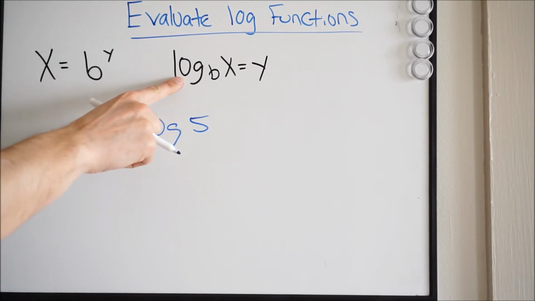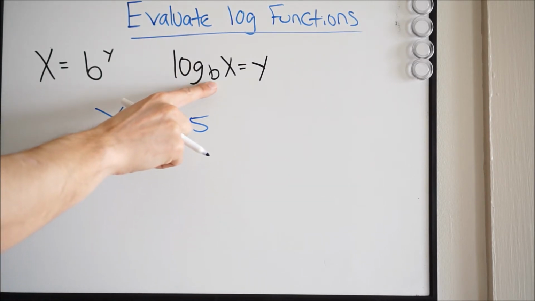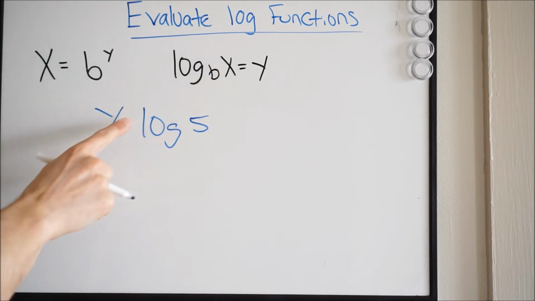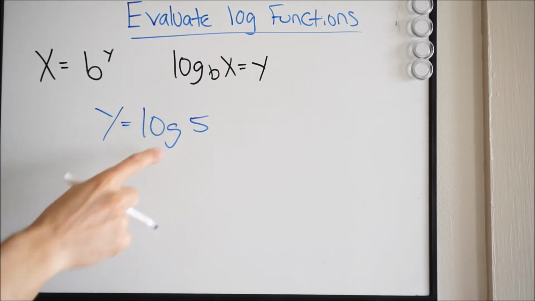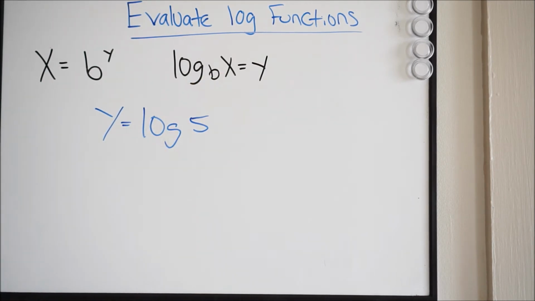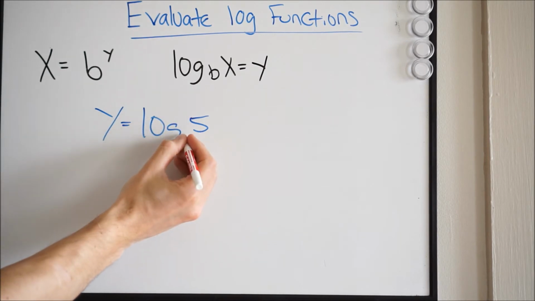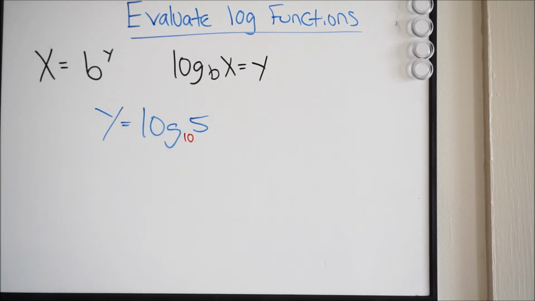I have my log, I don't have my base. I have my x value, my y value. There's no base though. If you do not see a base on a log, you assume that there is a base of 10. That's just an unwritten rule. If they don't give you the base, there must be a base of 10.